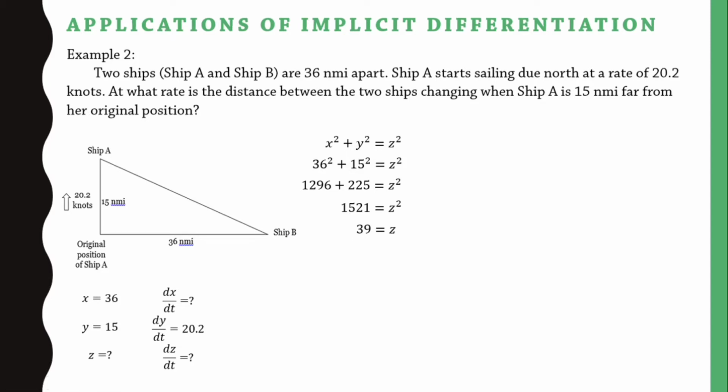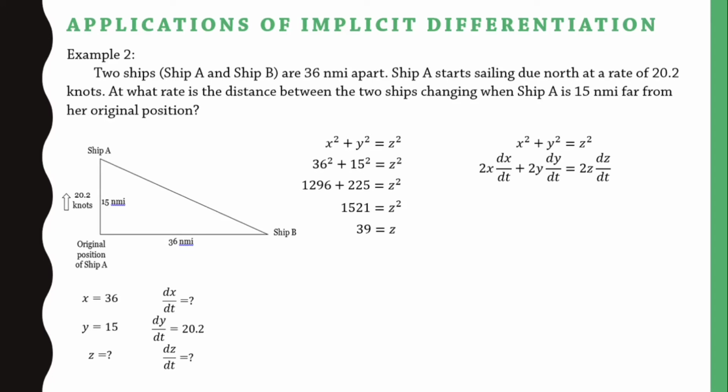Okay, so next, to solve for dz over dt, we will use this Pythagorean theorem and use implicit differentiation. Again, that's x squared plus y squared equals z squared. So we have, using implicit differentiation, 2x dx over dt plus 2y dy over dt equals 2z dz over dt.